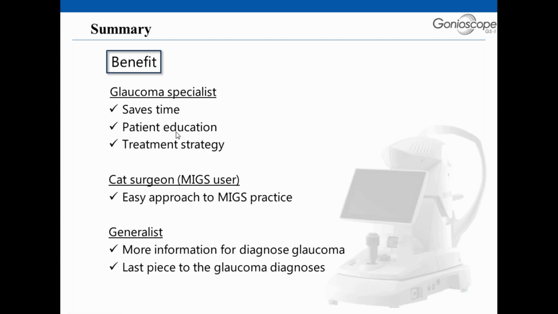It can be used for patient education, and it also provides treatment strategy. For cataract surgeons, the MIGS users, it helps for an easy approach to MIGS practice. And for the generalist, Gonioscoop can provide more information to diagnose glaucoma and could be the last piece to glaucoma diagnosis.